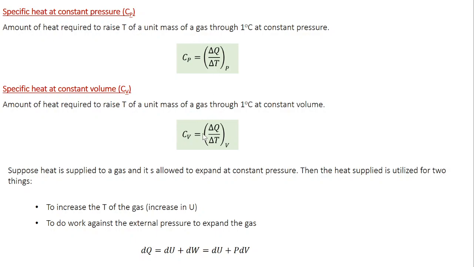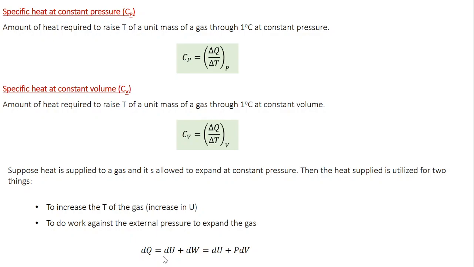So these are two different definitions. Obviously the values of Cp and Cv are going to be different for a gas. Now which one is greater here? So imagine that heat is supplied to a gas and it is allowed to expand at constant pressure. And the heat supplied is utilized for two things. This we know from the first law of thermodynamics.